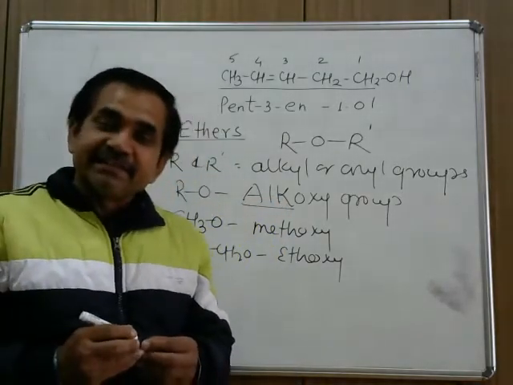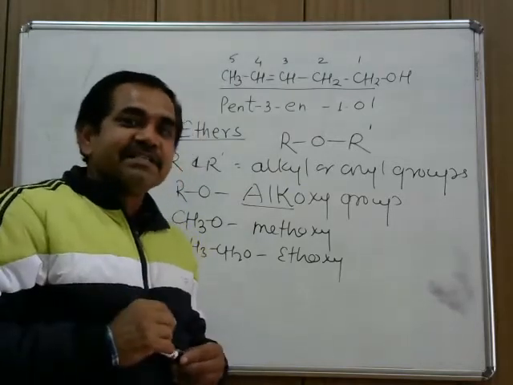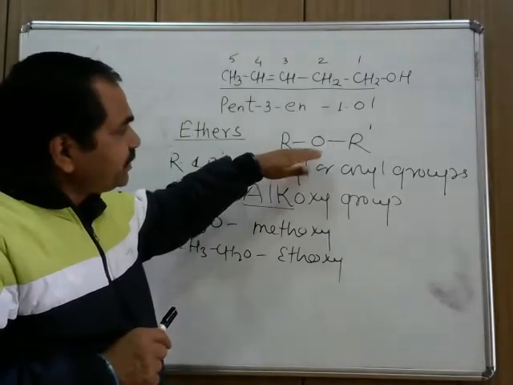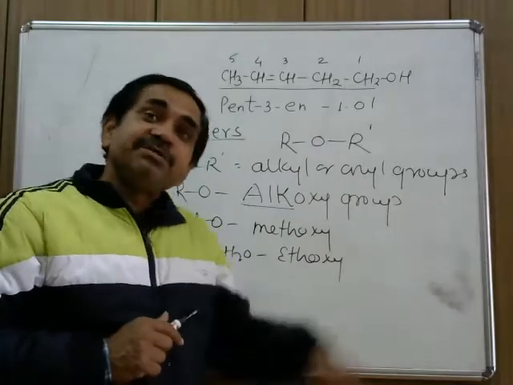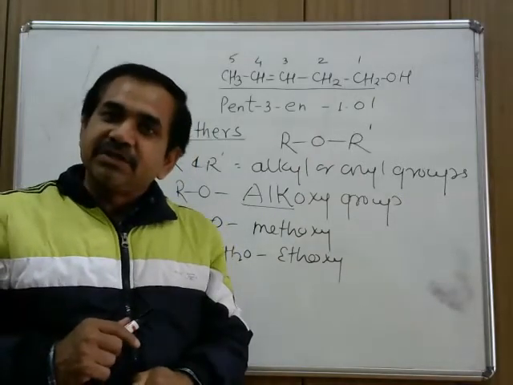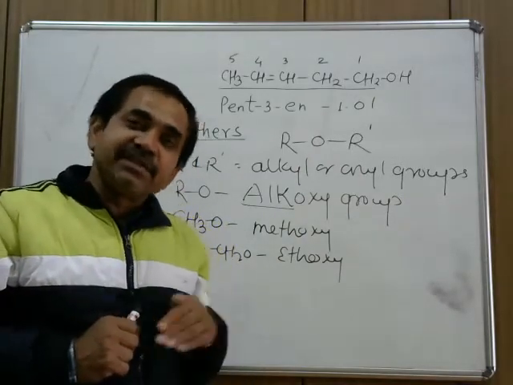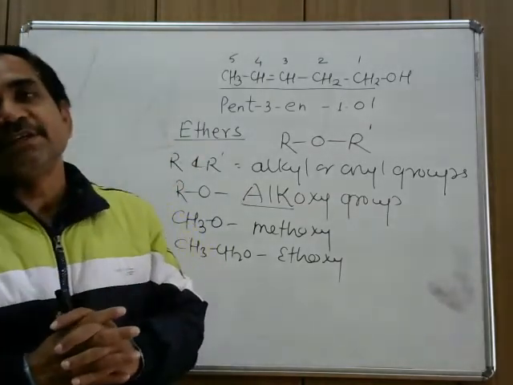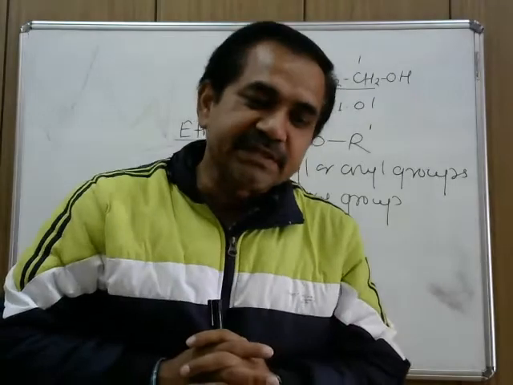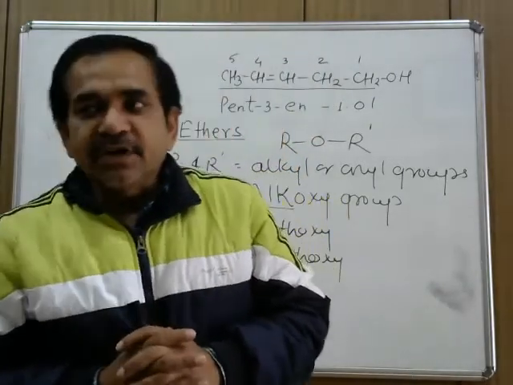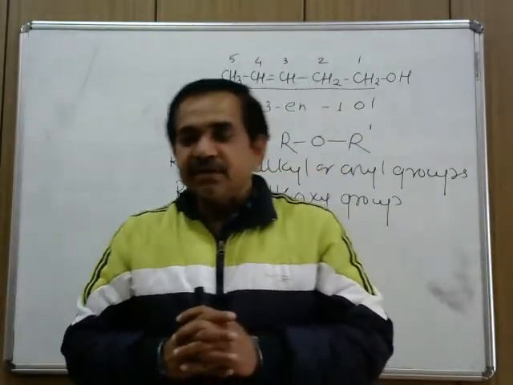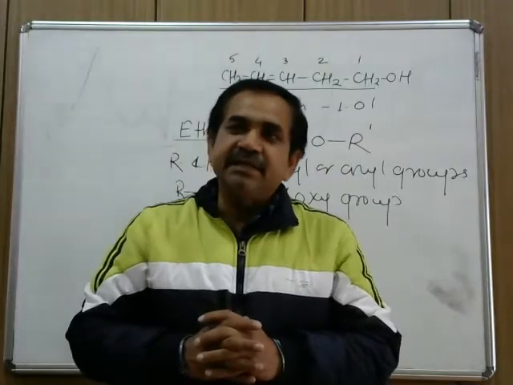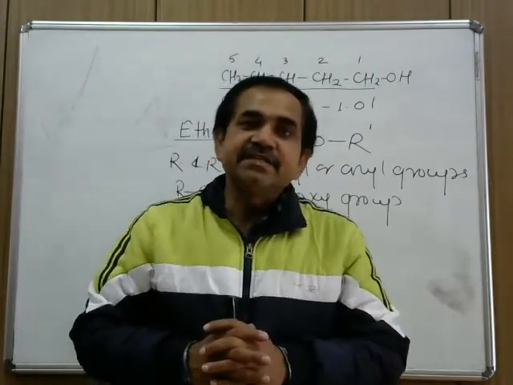And again, like haloalkanes, this group is also treated as a substituent. Although it behaves as a functional group, and is responsible for the characteristic properties of a compound, for the purpose of IUPAC naming, it is treated as a substituent.